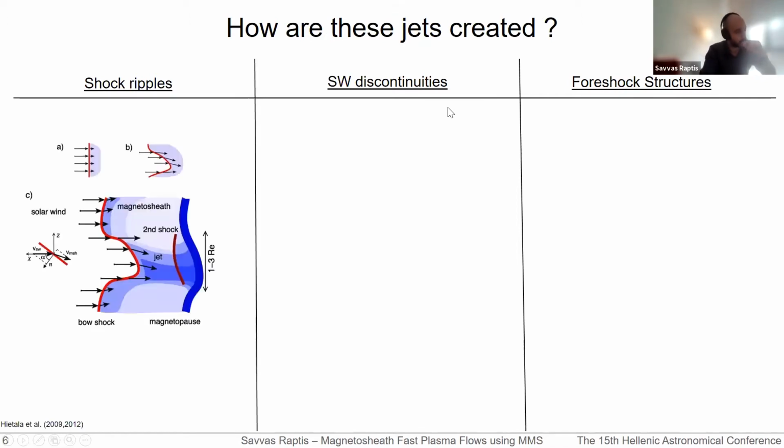One of the most prominent mechanisms of how the jets are created is the so-called shock ripple mechanism. In this case, we have the solar wind getting decelerated as it crosses the bow shock. By following the Rankine-Hugoniot relations, one can find that the bulk properties will experience the heating and compression that we usually observe when we cross a shock transition.